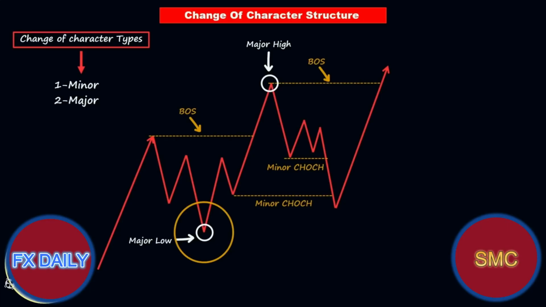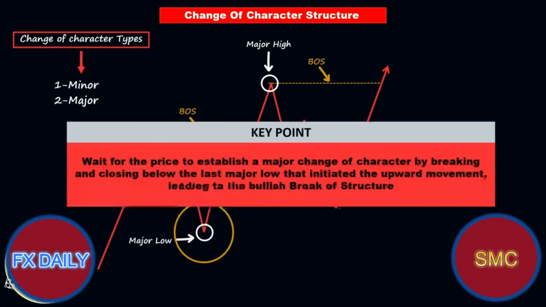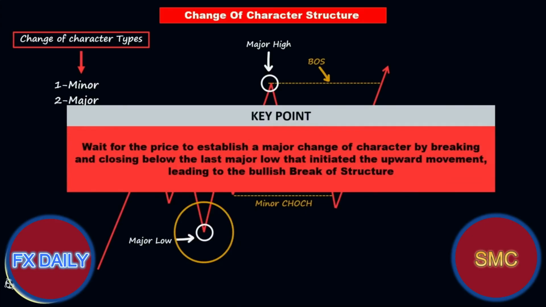The price is only in its correction phase to continue its main trend again and create a valid signal to change the market structure in the future. So we have to be patient and wait until the price breaks the last important floor that started the profitable movement, and the bullish structure fails and closes.